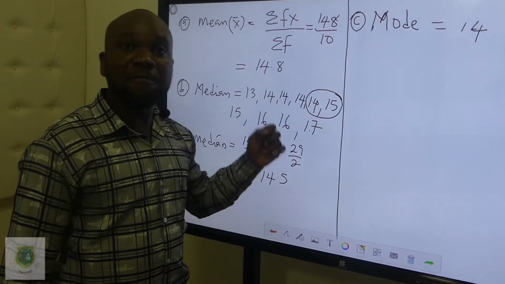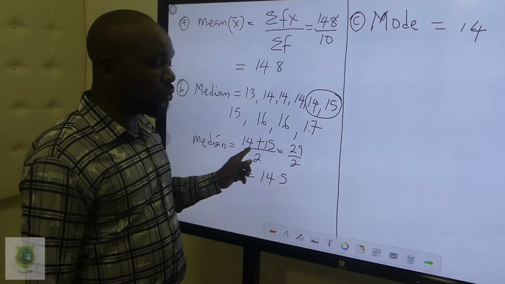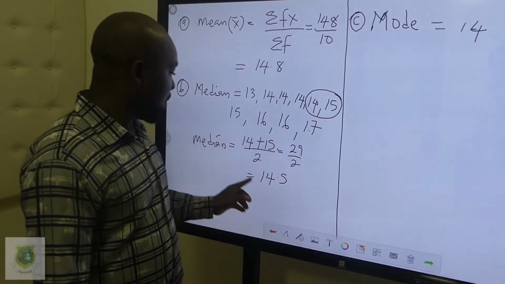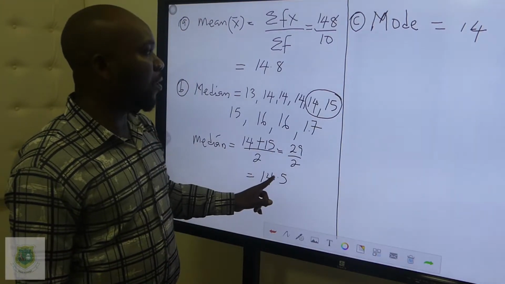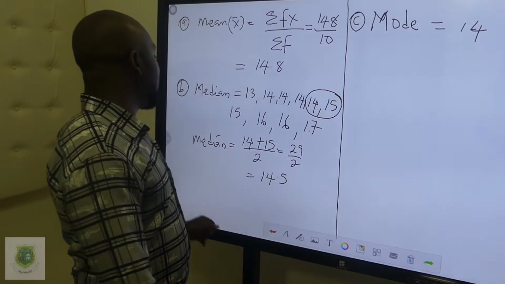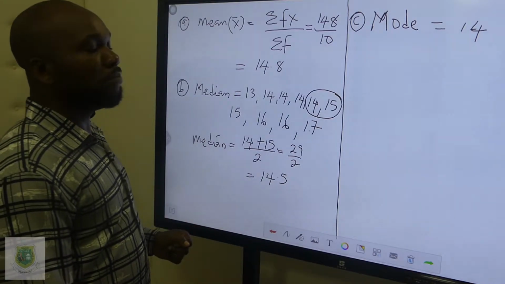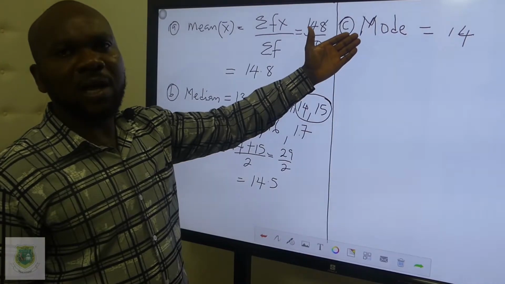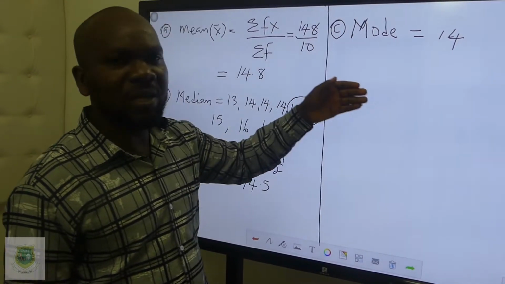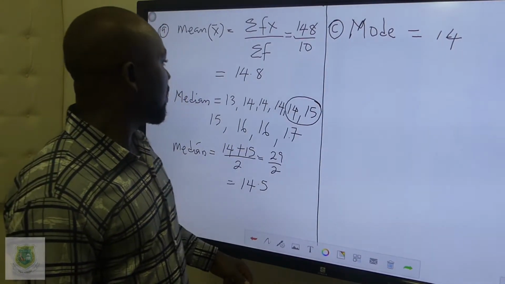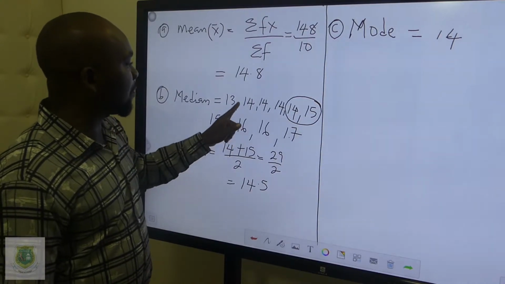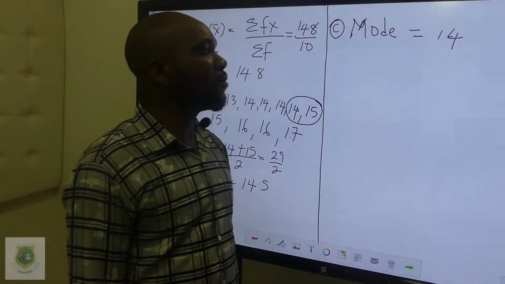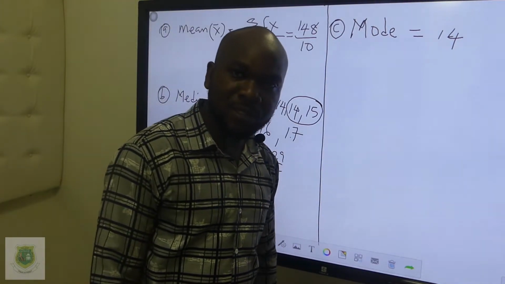You find the average of the 2 numbers at the center. Then you have 14.5. This 14.5 is our median. Then the mode, as I've told you, is the one that occurs most. I see that 14 is the one that occurs 4 times.